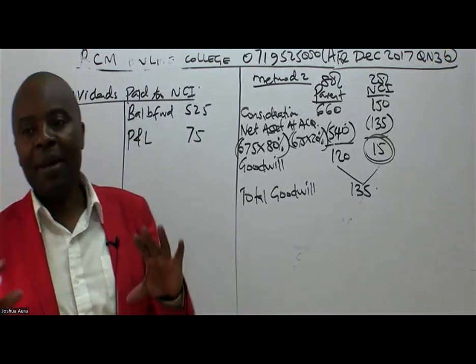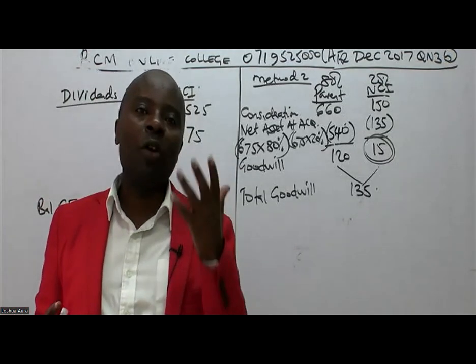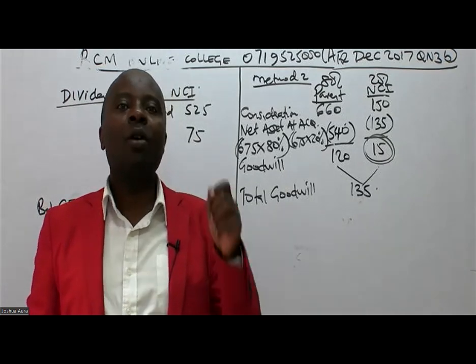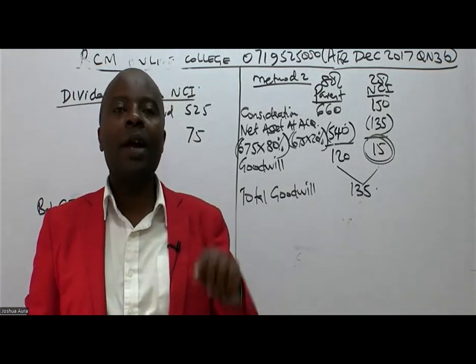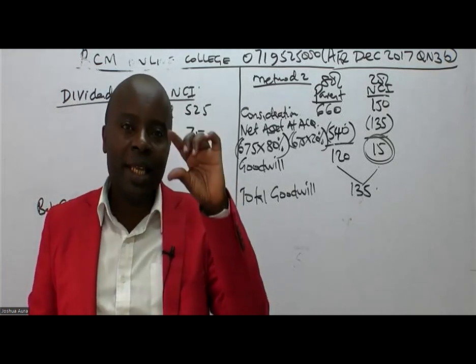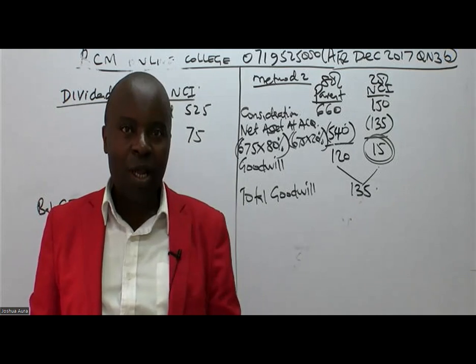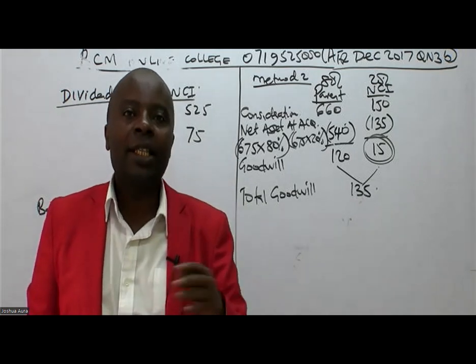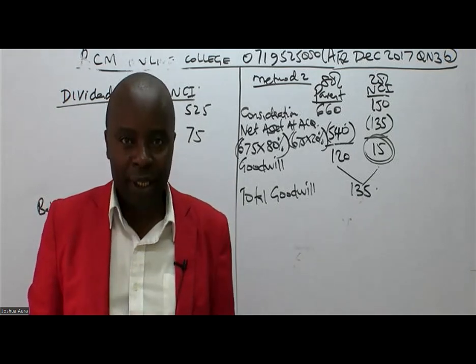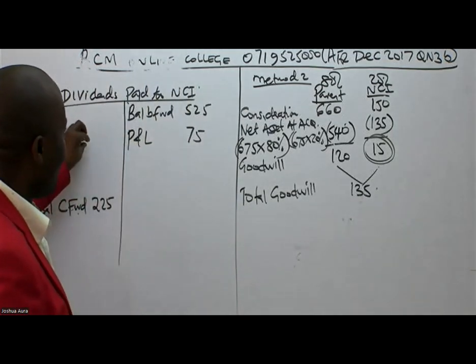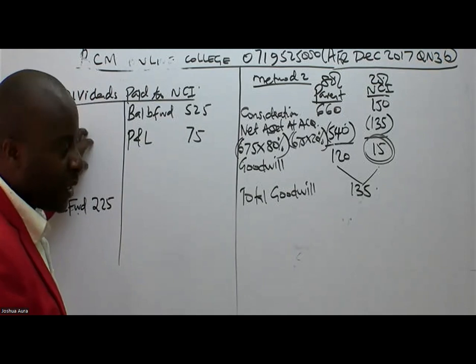Now from there, ladies and gentlemen, listen. In the year, we sold one of our subsidiaries. When we sell a subsidiary, we expect the NCI figure to go down. These people will lose assets. They'll also lose some goodwill. So when their account reduces, we debit.